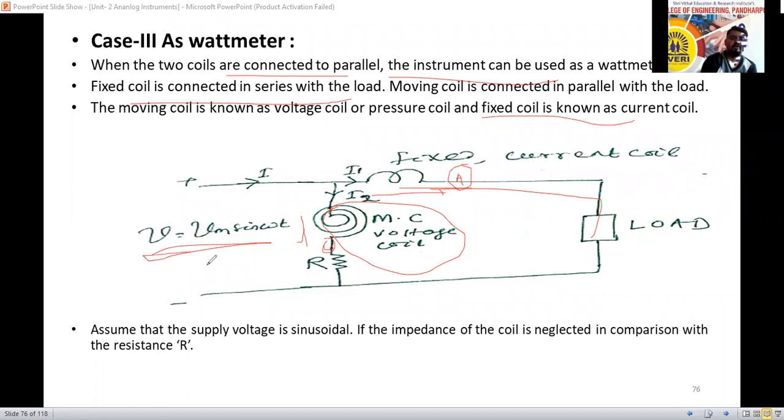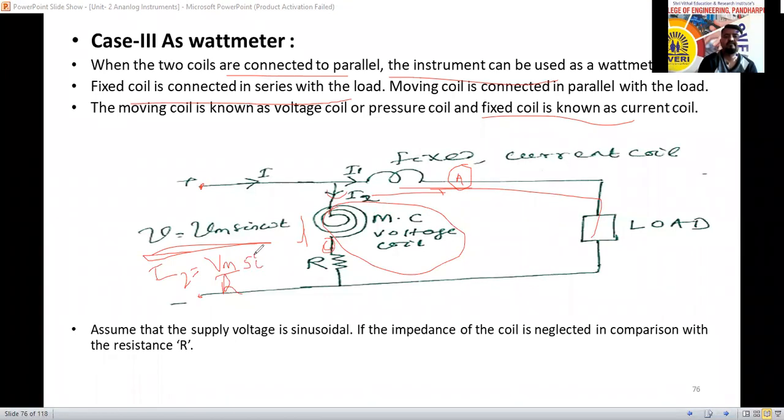According to this, we can write I2 equal to Vm by R, since the impedance of this coil is neglected, so I2 equal to Vm by R sin omega t.